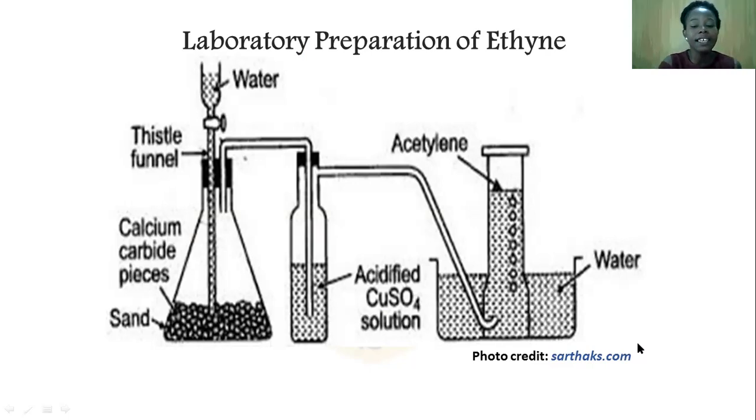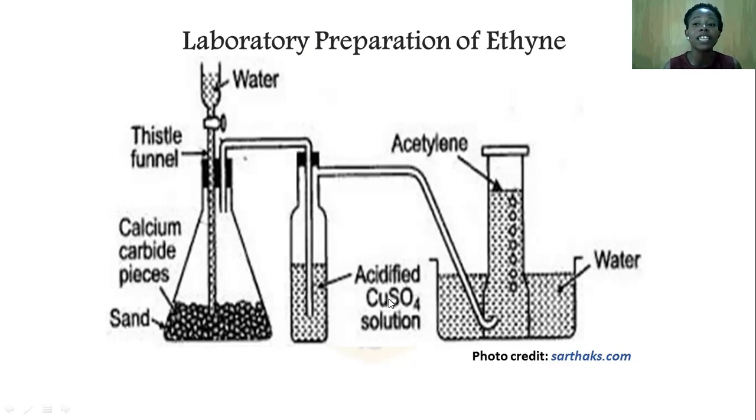So when the reaction happens, the gas is passed through acidified copper 2 tetraoxosulfate 6 solution to remove substances like phosphine. That's the major impurity.